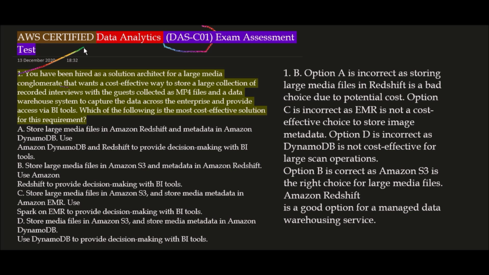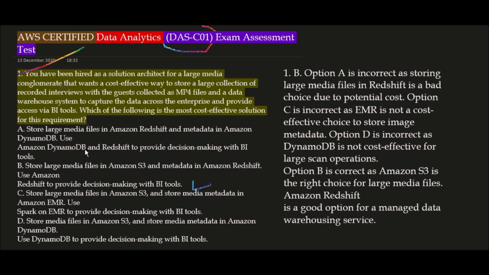I know it's a little long question, but some small questions are upcoming in the session. No worries. Now, the answer to this question is option B. Because Amazon S3 is the right choice for large media files, as well as Amazon Redshift is a good option for a managed data warehousing service.